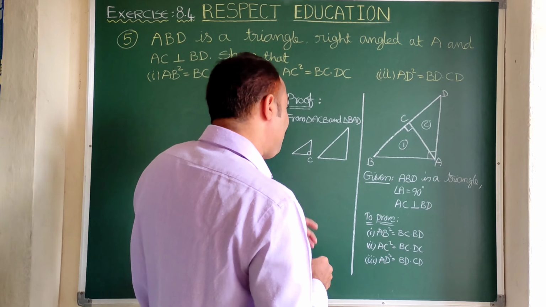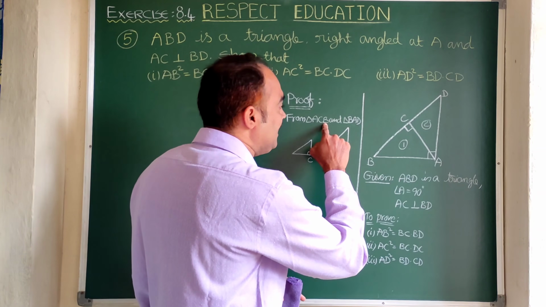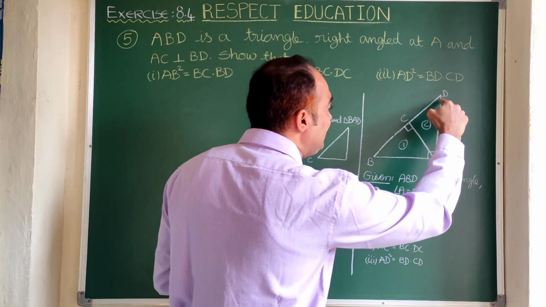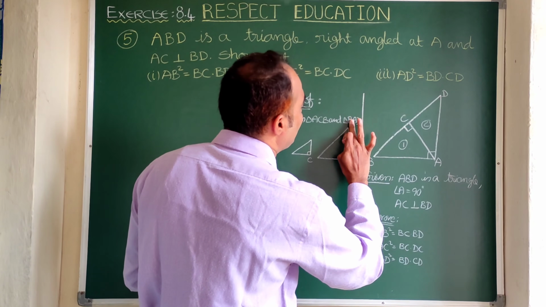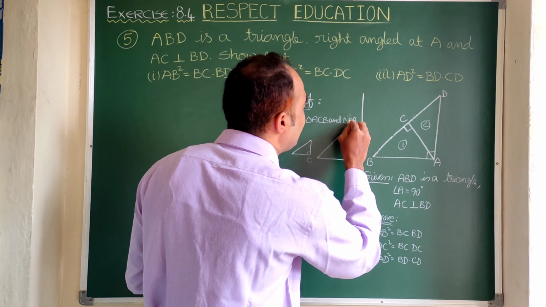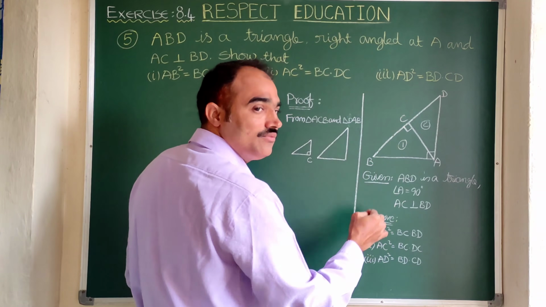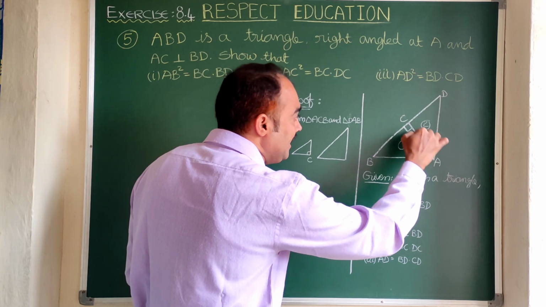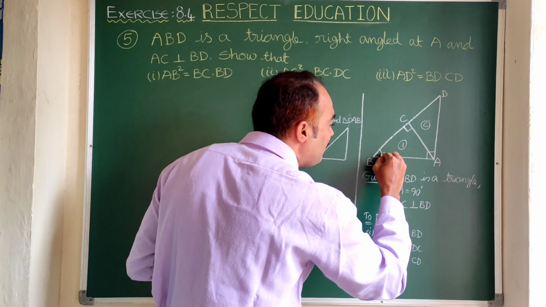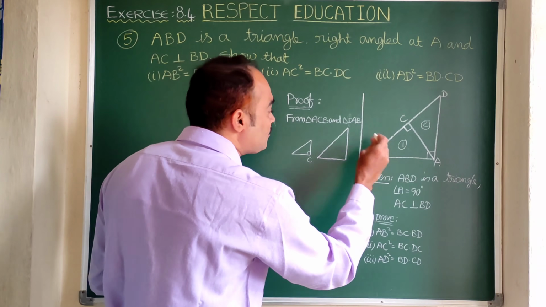If you observe carefully, in ACB and DAB, let us write DAB only, not to get confused, it will be easy even for explanation also. In ACB and DAB you are covering angle B completely, that is common angle.